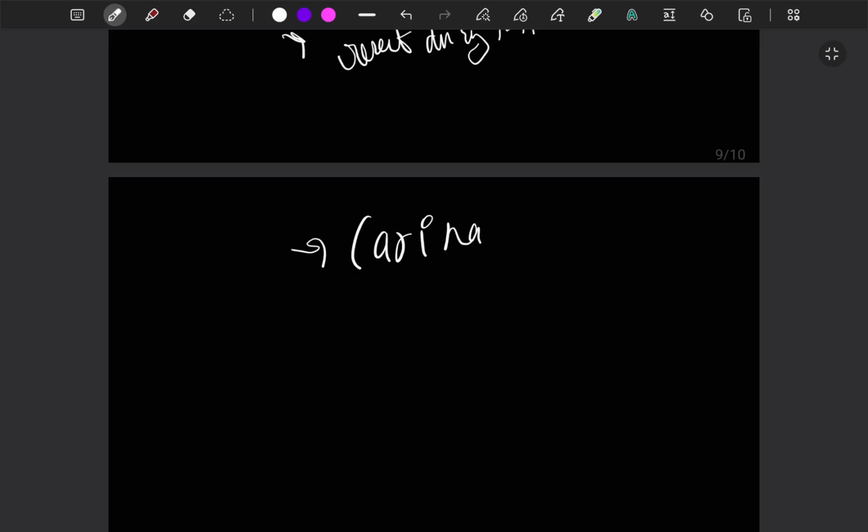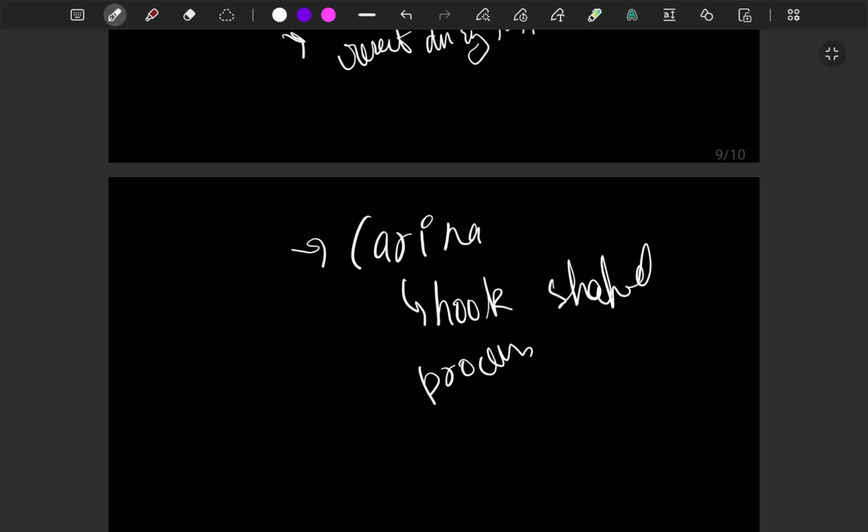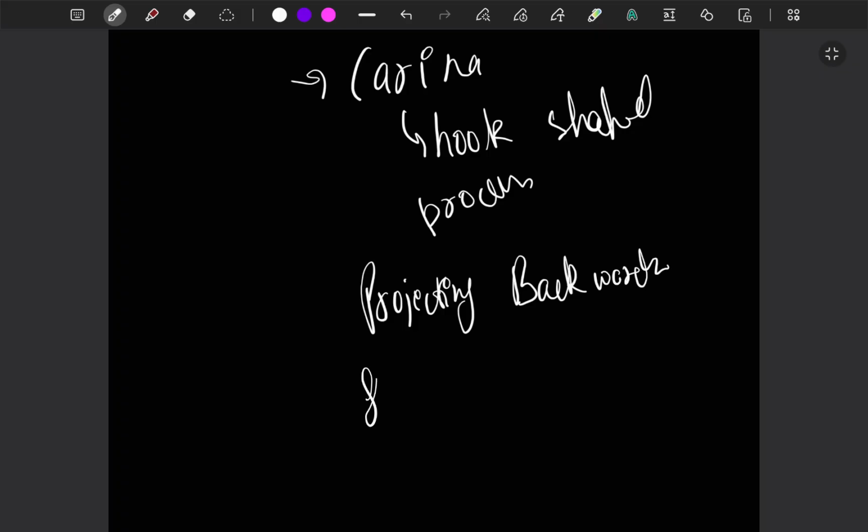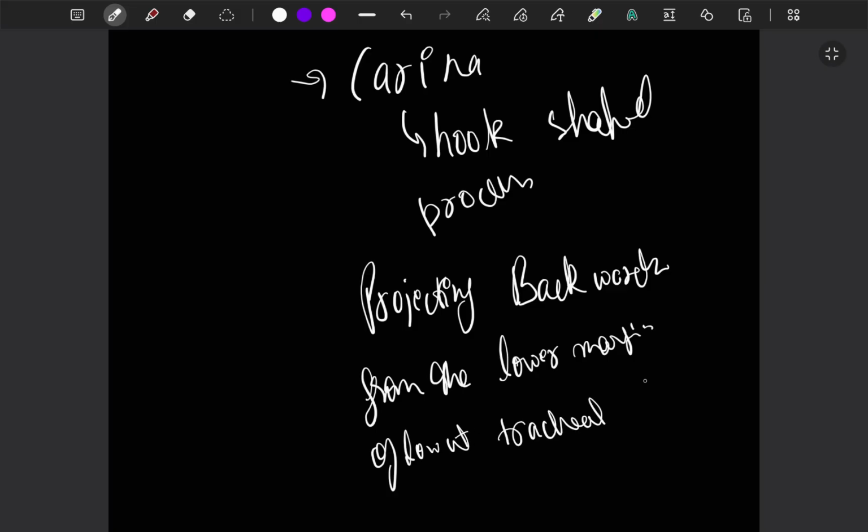It is a hook shaped process projecting backwards from the lower margin of the lowest tracheal ring.